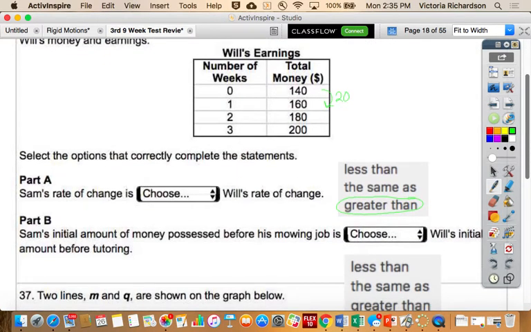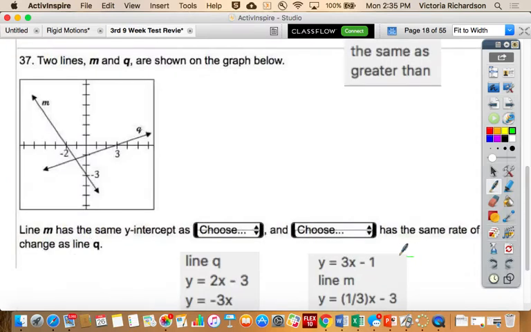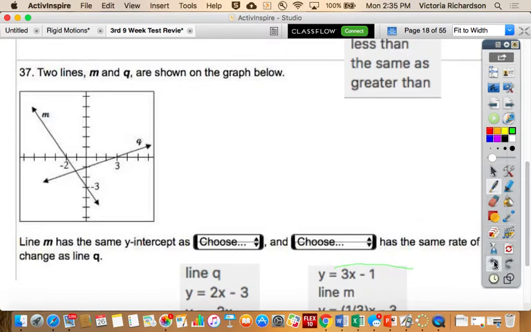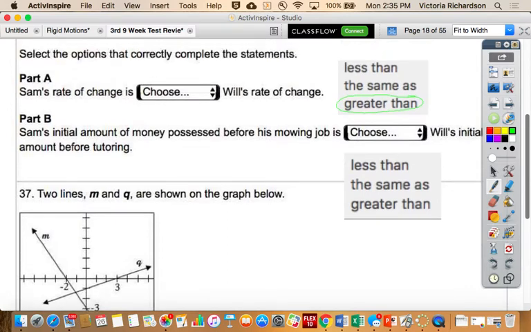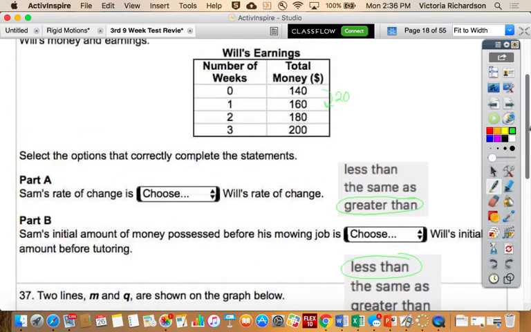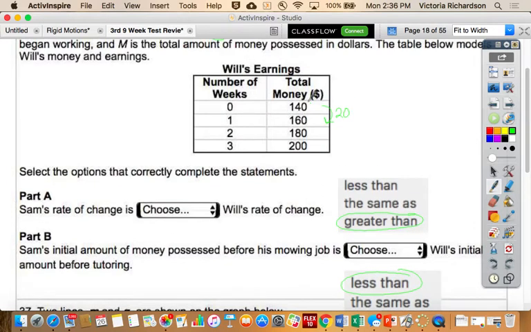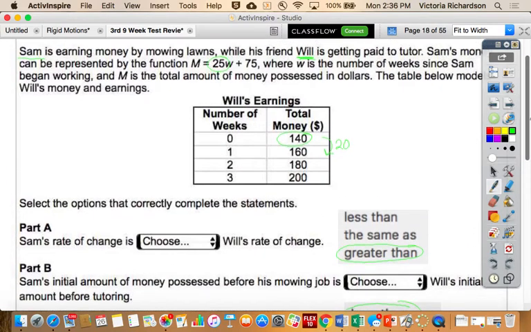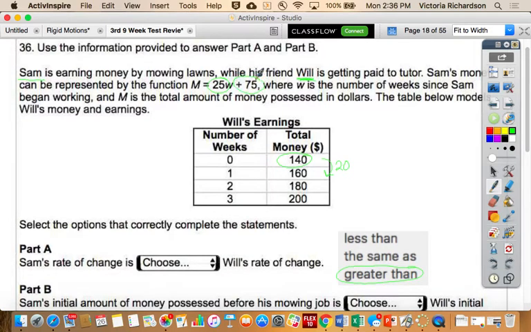And Sam's initial amount of money possessed before his mowing job is less than Will's initial amount before tutoring, because this is 140 and this is 75.